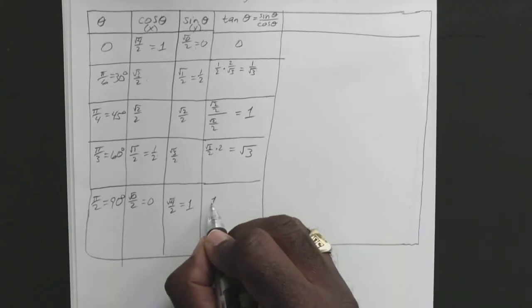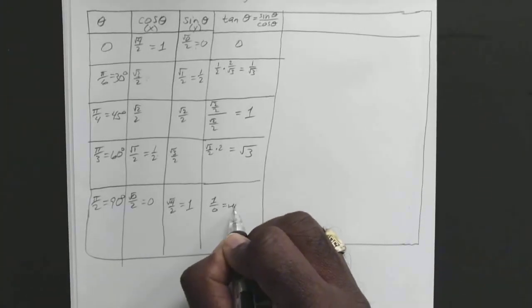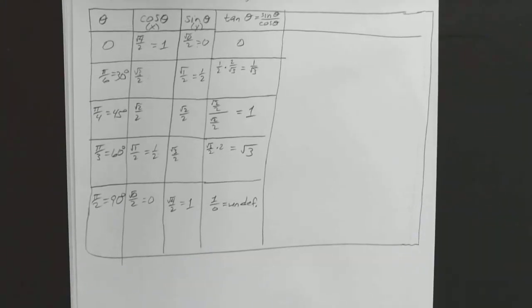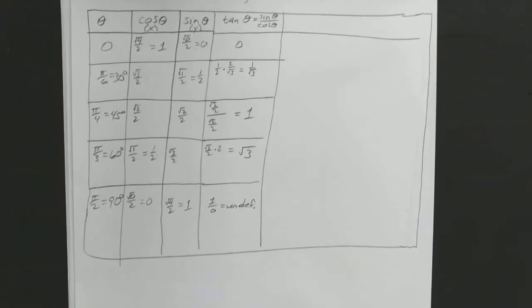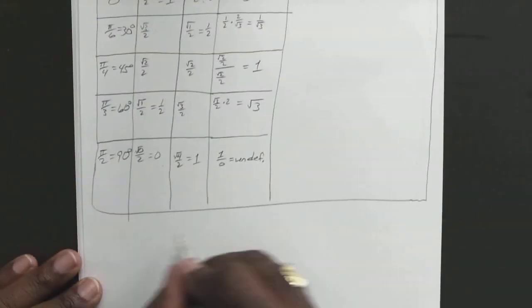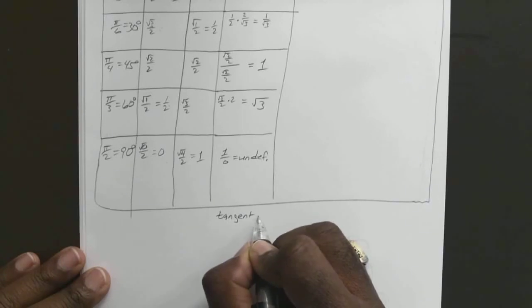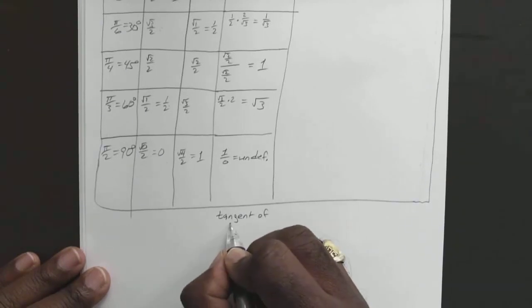And 1 divided by 0 would be undefined. So that was our tangent of theta.